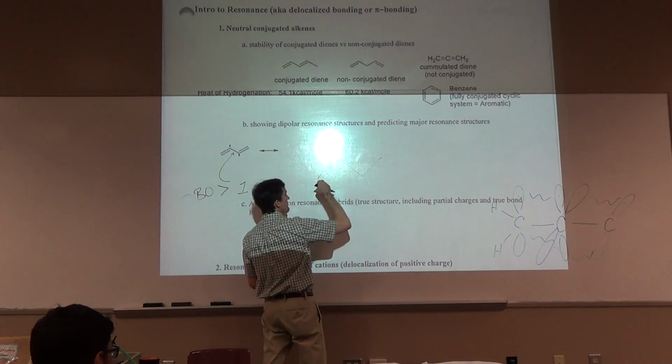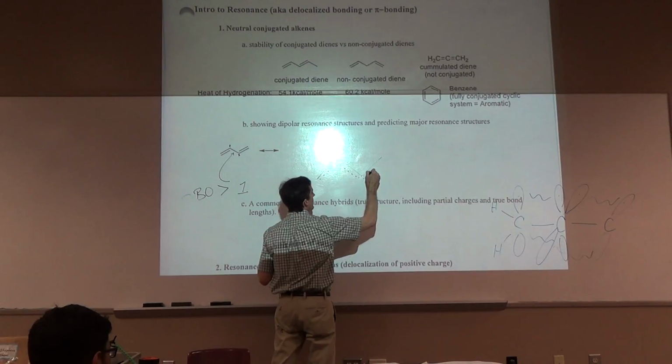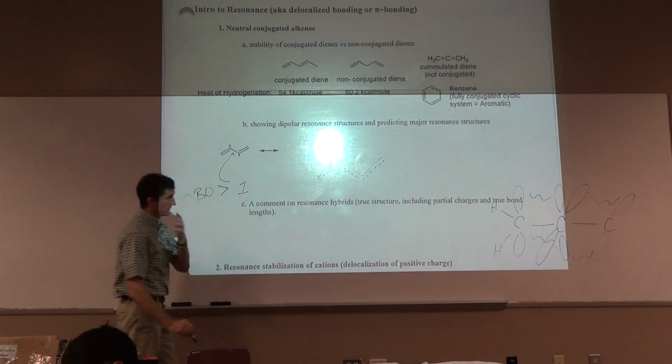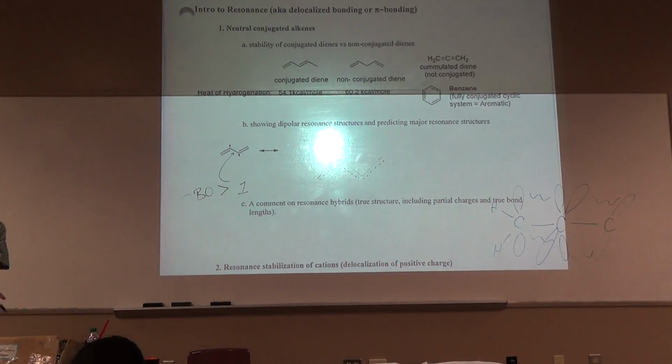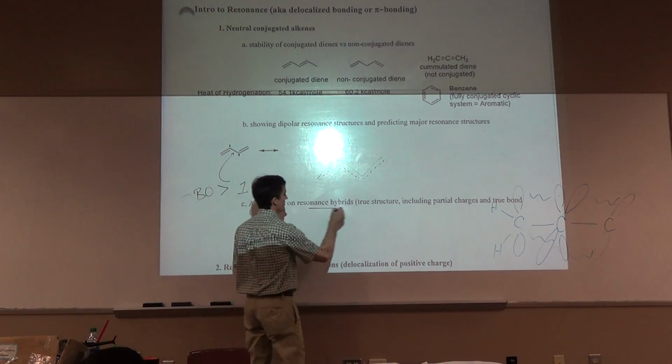The electrons are really spread out in between here also, and one way to draw that is like this. Not good, but this would be a resonance hybrid.